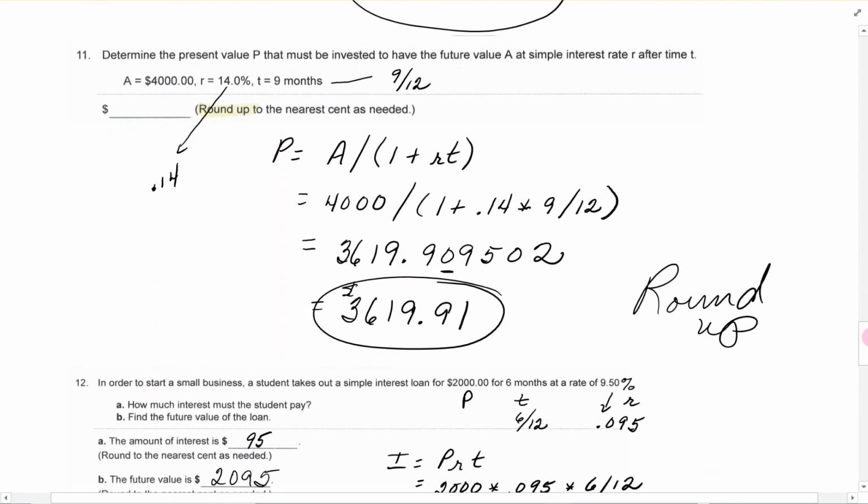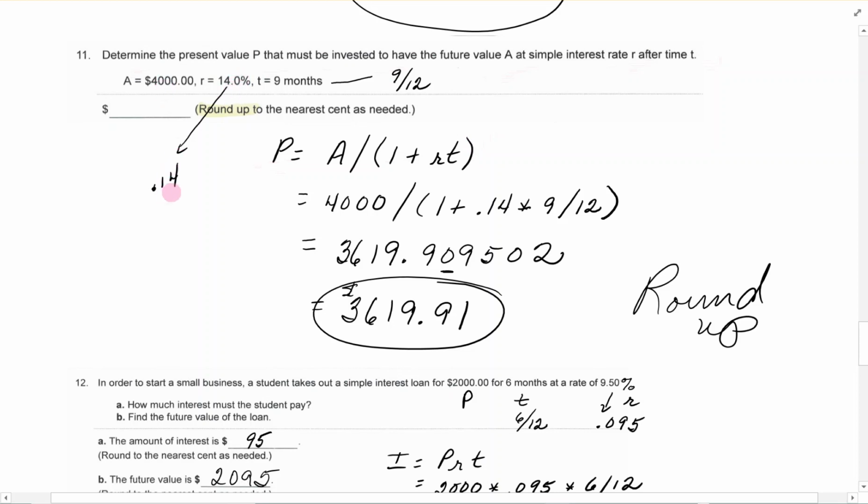Number 11. Again, it says determine the present value P that must be invested to have a future value A at simple interest rate R after time T. I'm looking for P again, so here's my P formula. My future value A is $4,000. My interest rate is 14%.